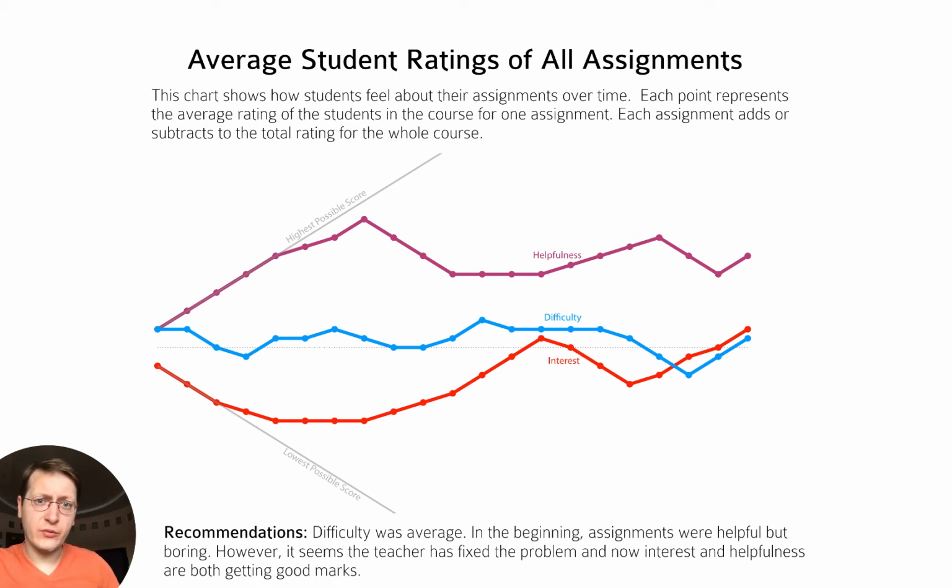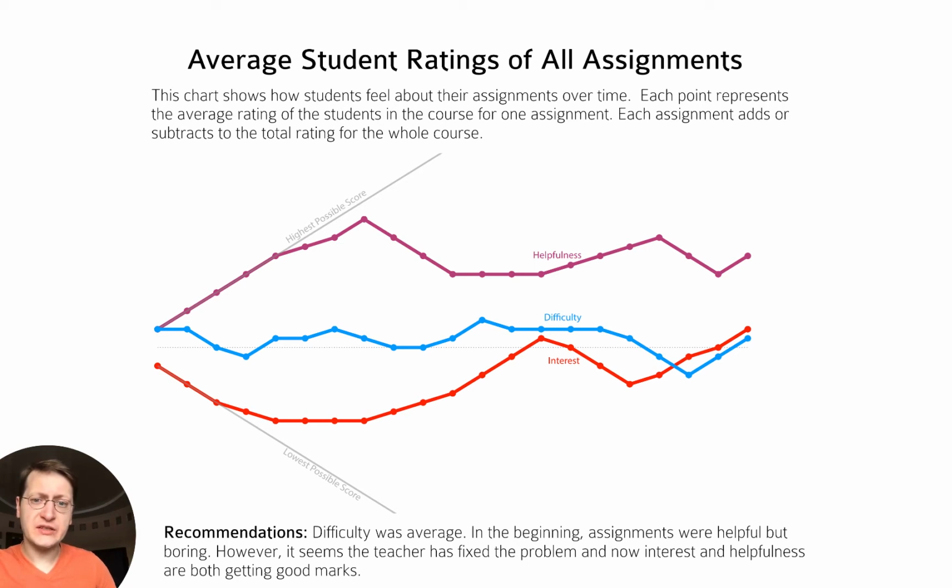You start off with the highest score possible, that gray line at the top. That would be if every single activity, every single assignment was rated perfectly. The lowest score possible would be if every single assignment was rated negatively, the worst possible score.